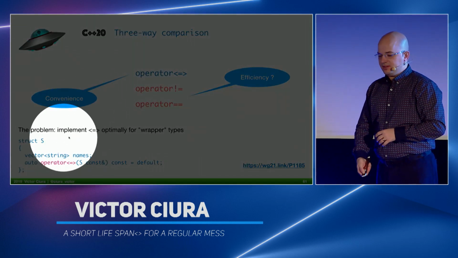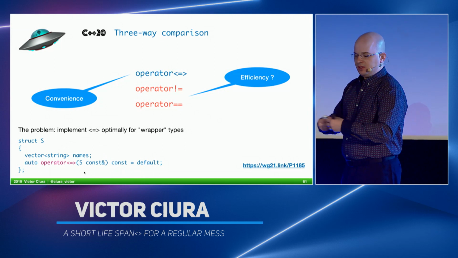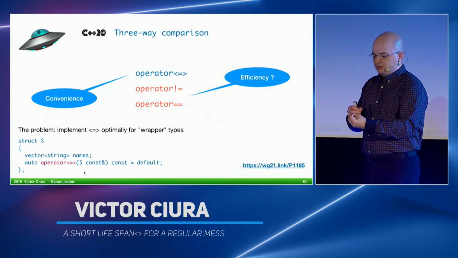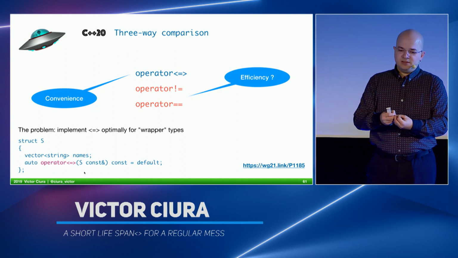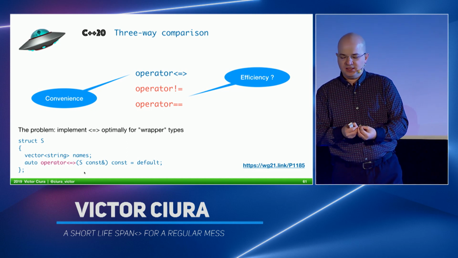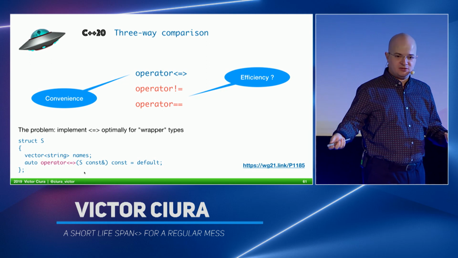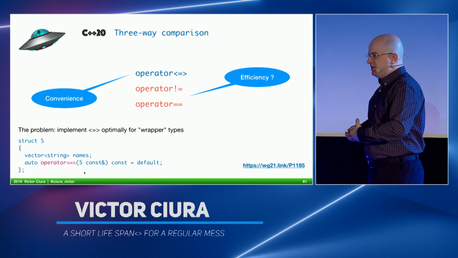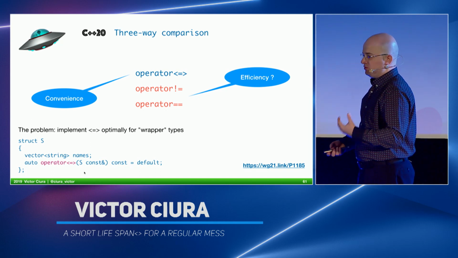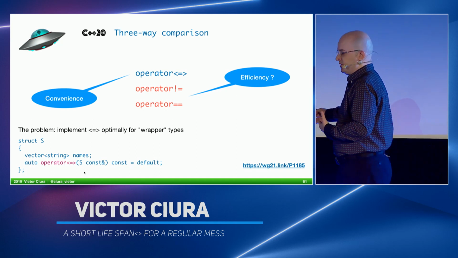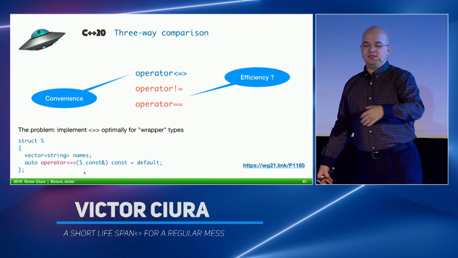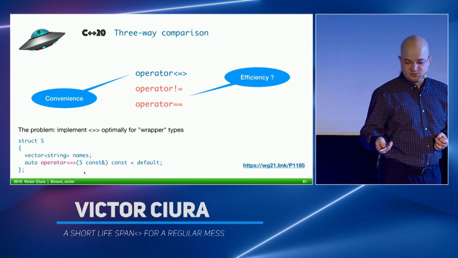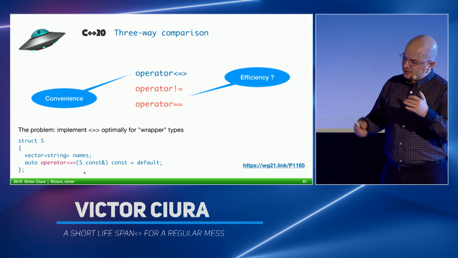If we have a member that is a collection, there's this contention about doing equality comparison efficiently and implementing the three-way comparison generically. So we might need to split this implementation into a generic comparison and treat equality and, respectively, inequality separately, just to preserve efficiency. So there's a tension there.